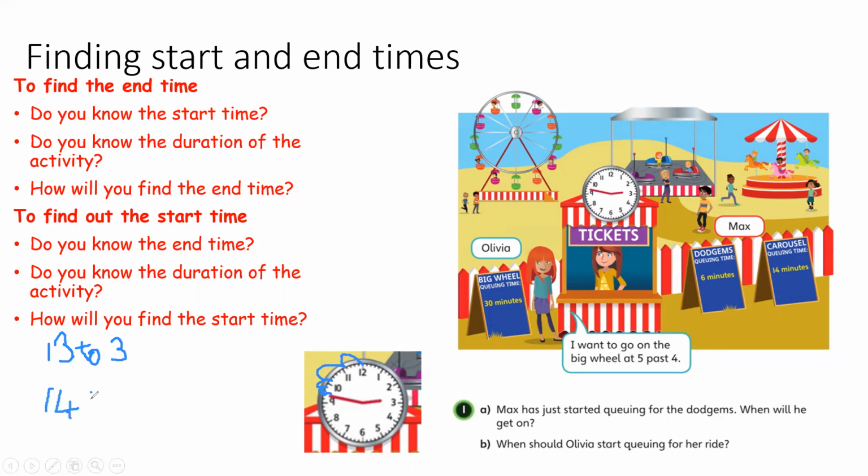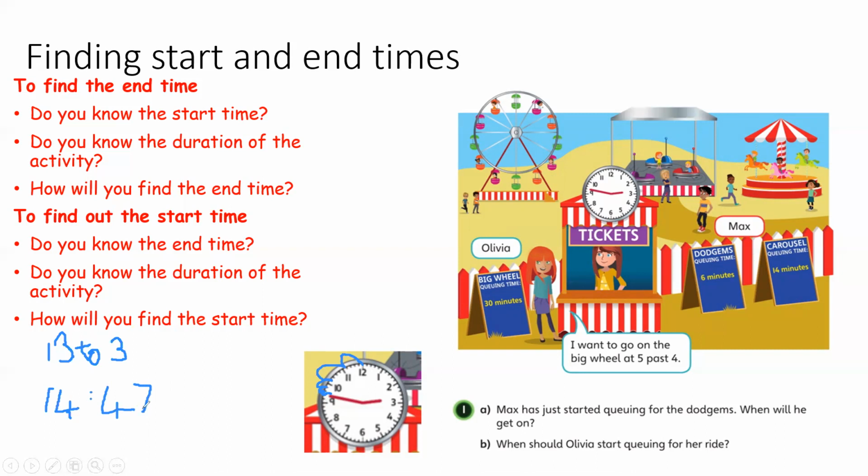Well, I'm going to do it 2 ways, and we're going to do one way and check the other. I'm going to count all the way around. I'm not going to count all the way to 6 because I know that's 30. 35, 40, 45, 46, 47. So 14:47. I'm going to check that's right by having 47 plus 13. 47 plus 3 is 50, plus 10 is 60, and that makes us 60. So that's right. So 14:47 is our start time.